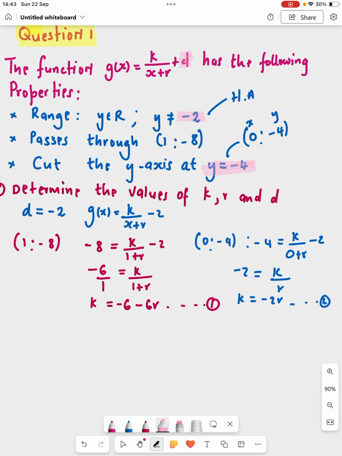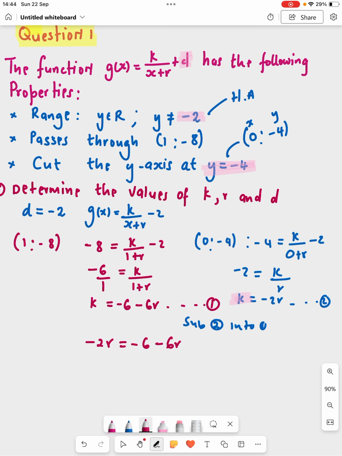And then from here, we can sub equation number 2 into 1. Sub 2 into 1. Now, where we see k, we are going to replace k with -2r. So we are going to have -2r is equal to -6 minus 6r.